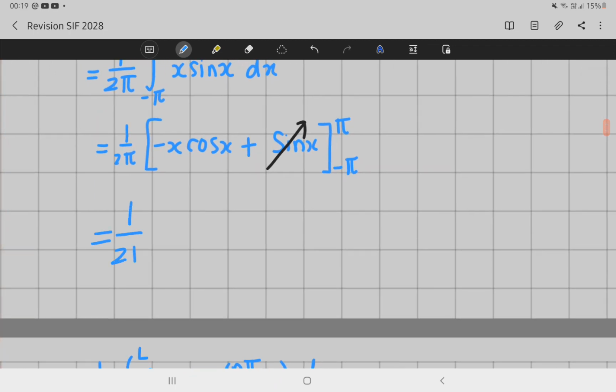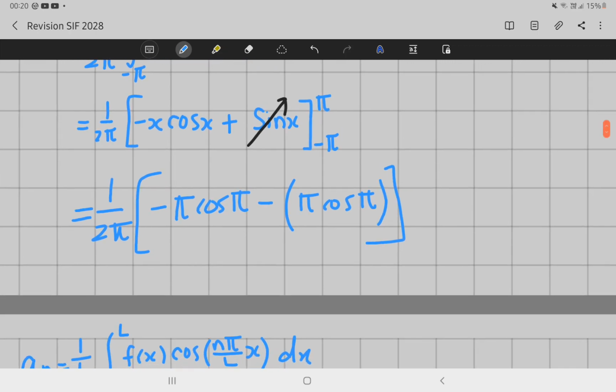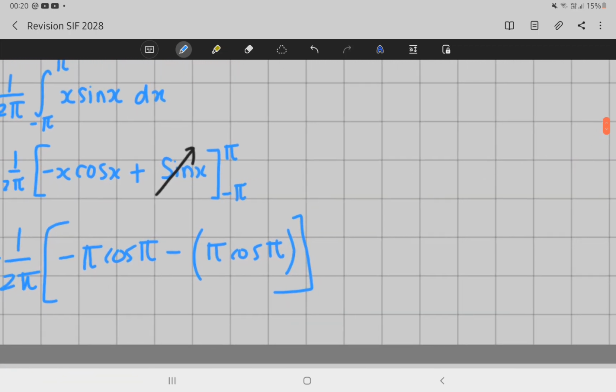So it's 1 by 2 pi, so minus x, which is minus pi cosine of pi. I'm doing it step by step to avoid mistakes. Substituting minus pi into x there, we have pi cosine pi. So it's not minus like I was doing just now, right?